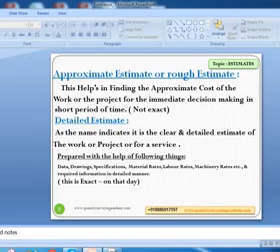Now let us see approximate estimate or rough estimate. What does this mean? Approximate estimate or rough estimate will help you in finding the approximate cost of the work or the project for taking an immediate decision in a short period of time. You have to take some decision, you don't have much time.